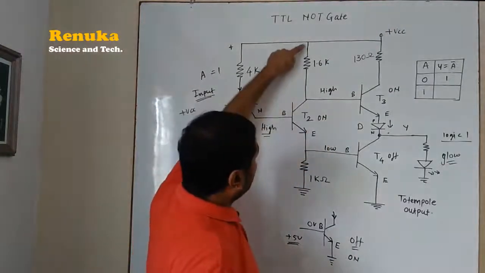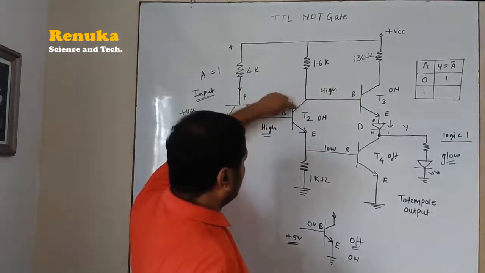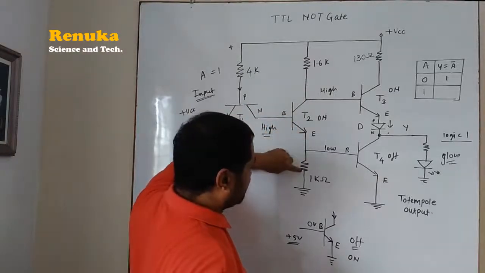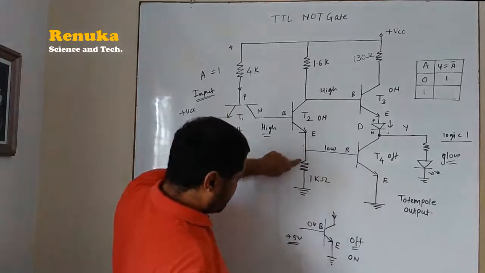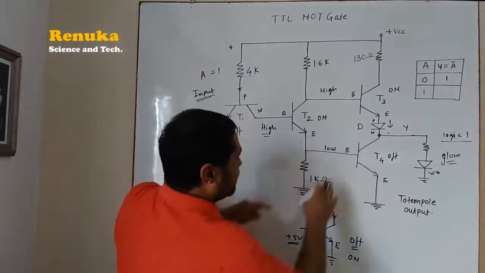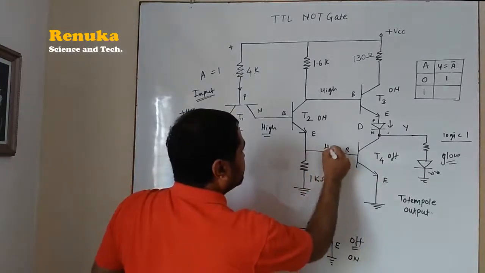If this is on, all the current from the 1.6 kilo ohm resistor will pass through the transistor because the transistor is on. And if it is flowing towards ground through the resistor R, it will create high voltage here.